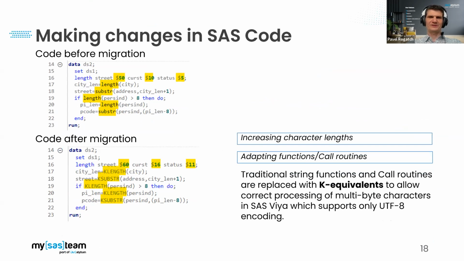For example, increasing of length and replacing some functions and call routines. And let me say why it was necessary. The reason is that the old platform had Latin-1 encoding, and UTF-8 is the only SAS session encoding supported in SAS Viya.